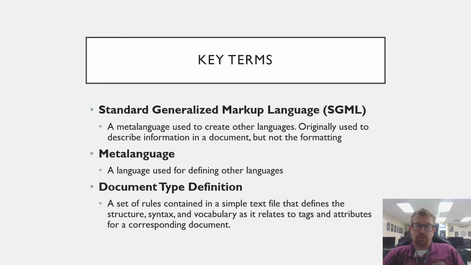So SGML, remember, is used to describe information in a document, but it has zero formatting. Meta languages are used to create other languages. They're essentially a basis for other languages. And DTD, document type definition, these are rules, and they set what's going to do what.